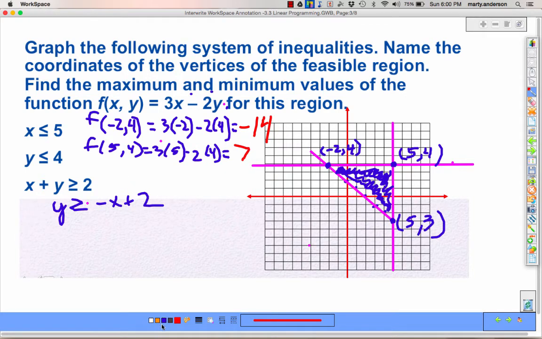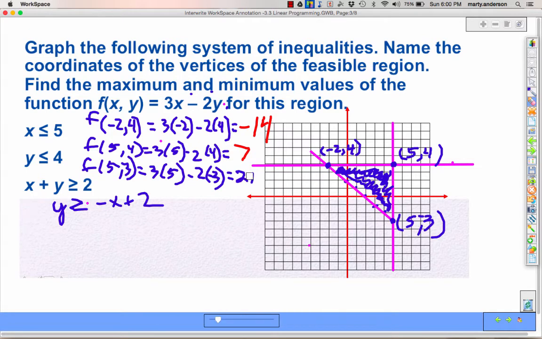And then we're going to do f of 5, negative 3: 3 times 5 minus 2 times negative 3. Excuse me, almost made my first mistake of the year. This should have been negative 3, which I'm sure you all were aware of. And if we're subtracting a negative, we're really adding: 15 plus 6, 21.